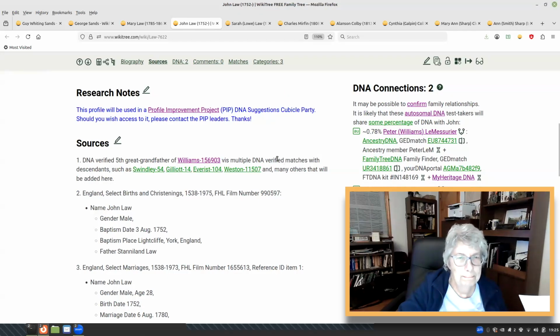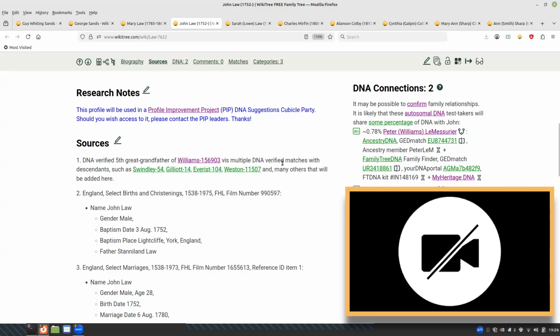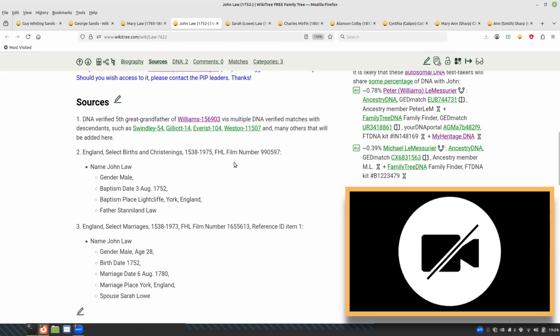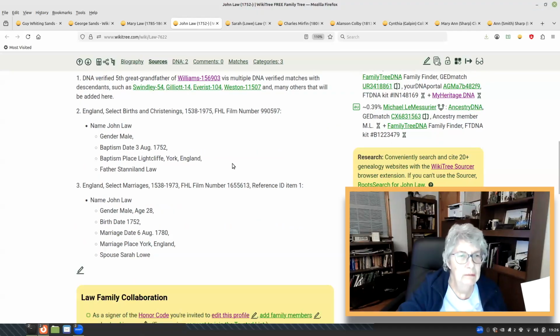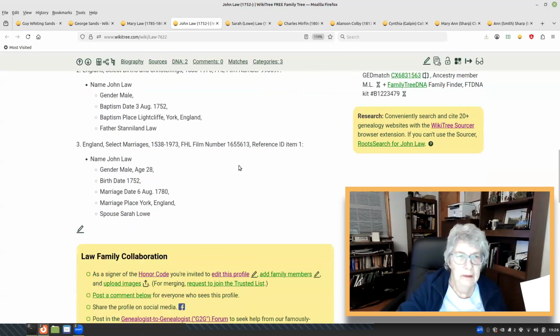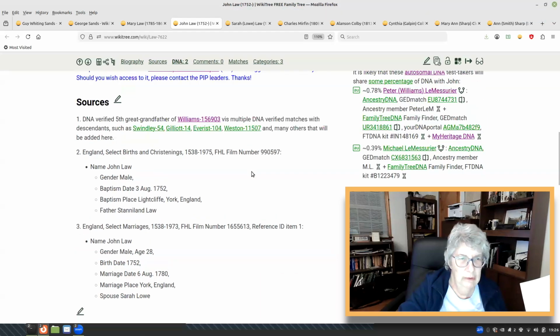And it's not a valid DNA confirmation source, right, John? That's correct. Yeah. It's like a hint. He was born. That's good. He was married. Nothing about a son. Nothing about a daughter named Mary.